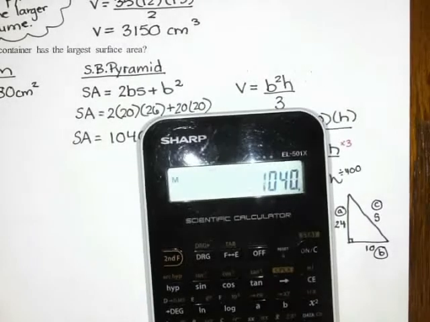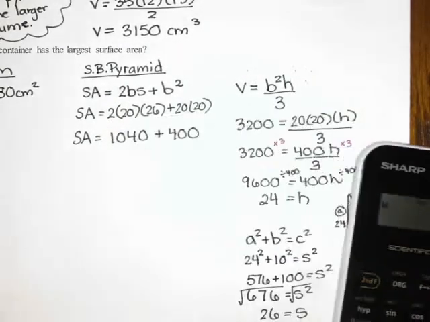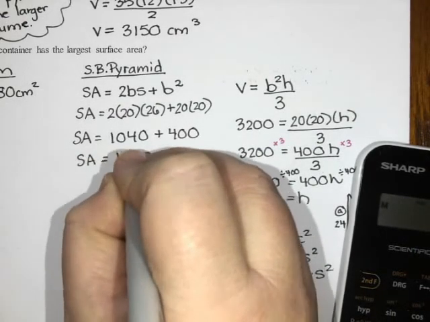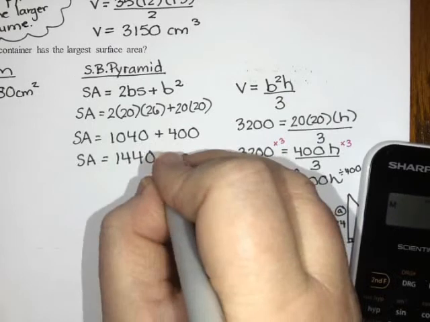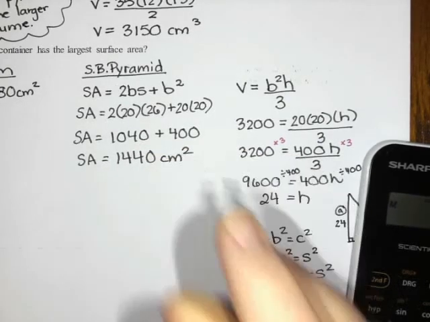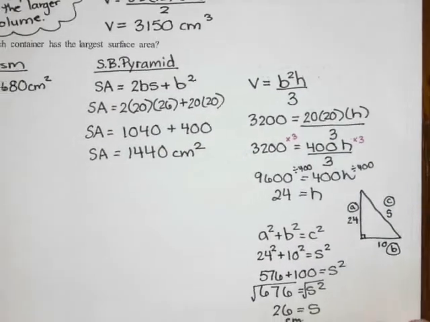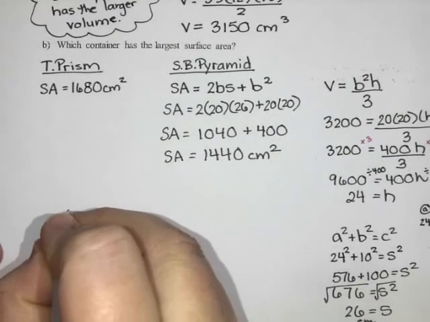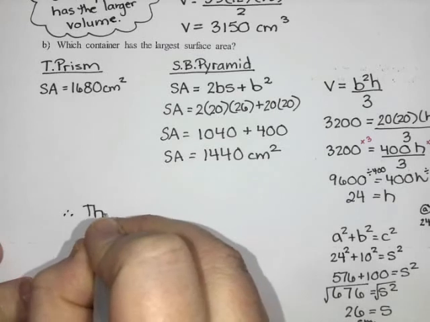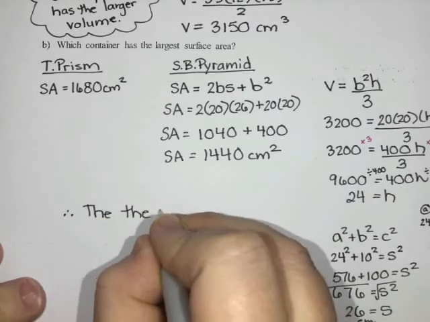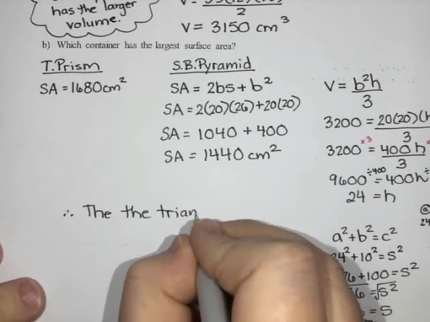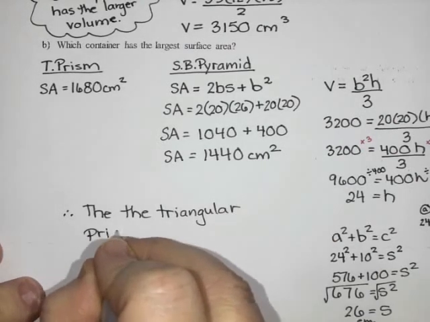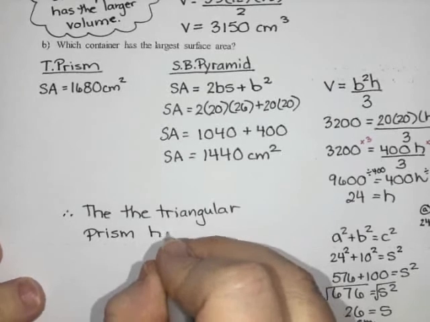I'm going to add 400 onto that to get 1,440. And that is centimeters squared. So the question is, which one has a larger surface area? Therefore, the triangular prism has the largest surface area.